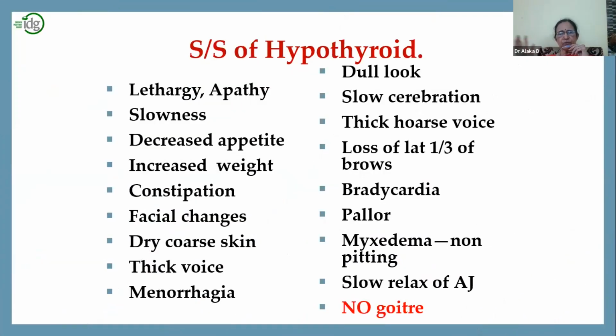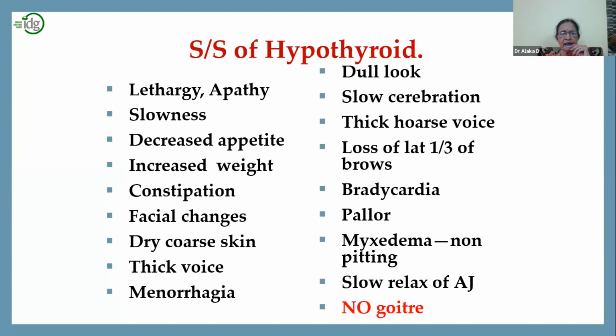Now, when we were students, or till about 15, 20 years ago, we used to talk about the signs and symptoms of hypothyroidism. Because there is a loss of hormone, everything is dull, everything is slow, except menstruation in the female. The patient is lethargic. He feels very lazy, has no interest in doing any work, not interested.